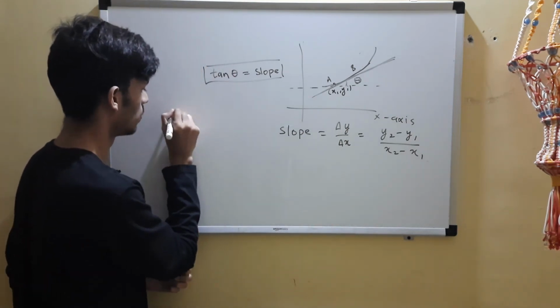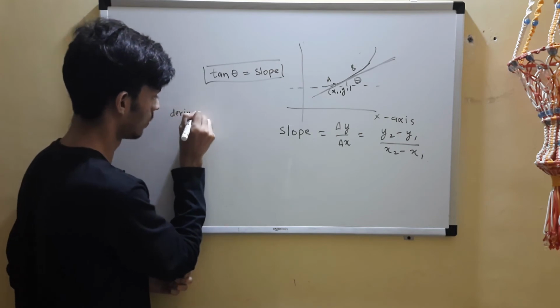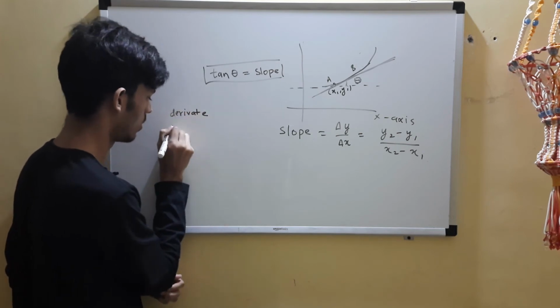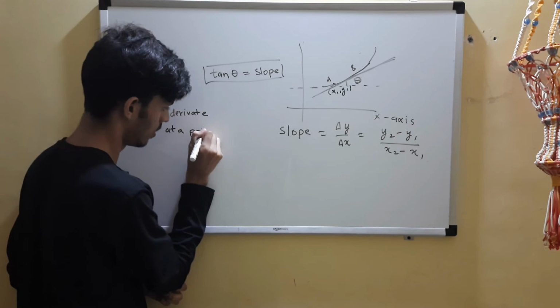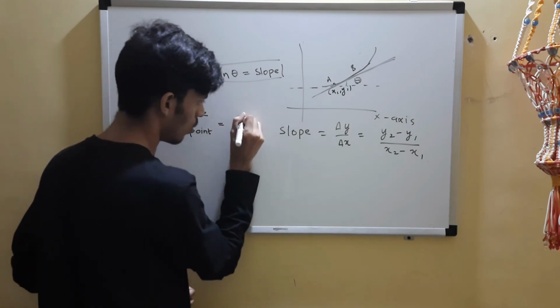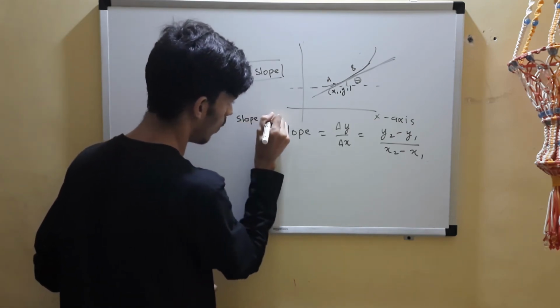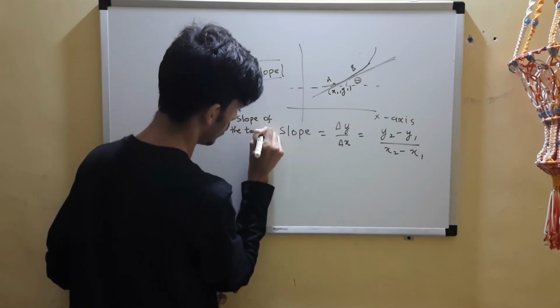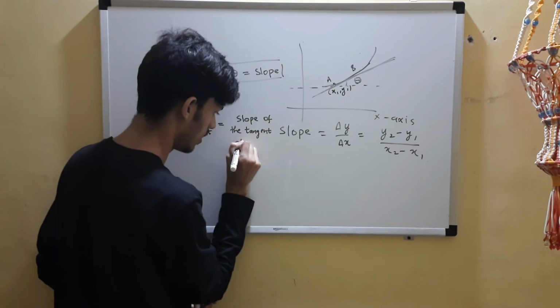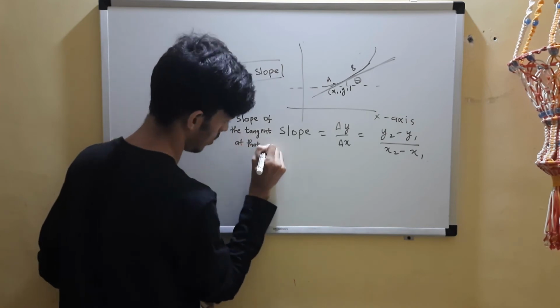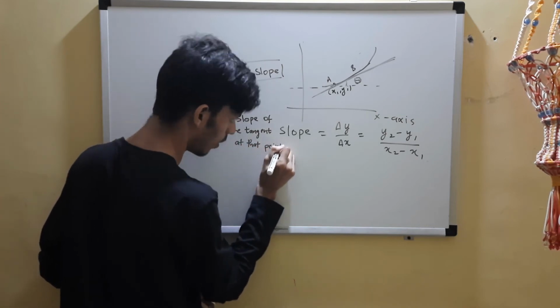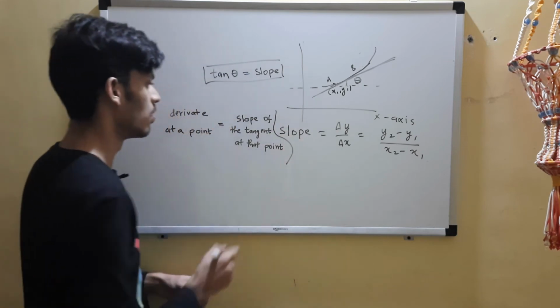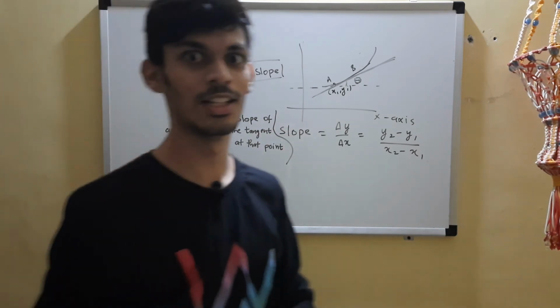and that is the actual derivative at that point. So derivative at a point equals slope of the tangent at that point. Slope of the tangent to the curve, obviously. So derivative is actually the slope.